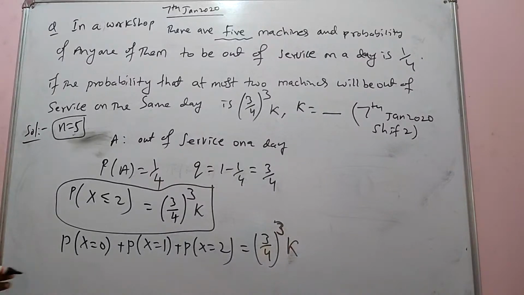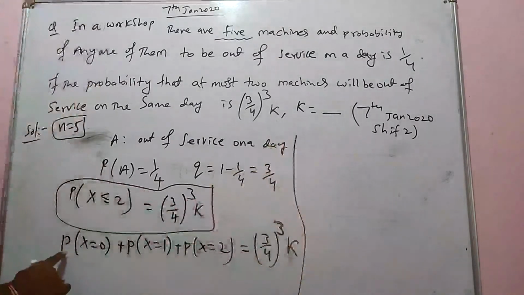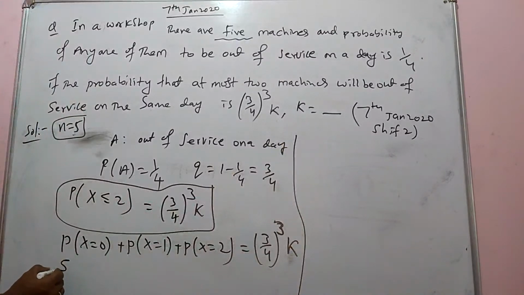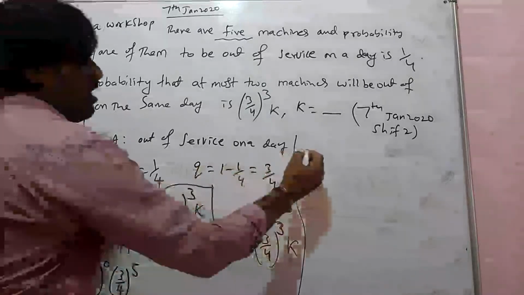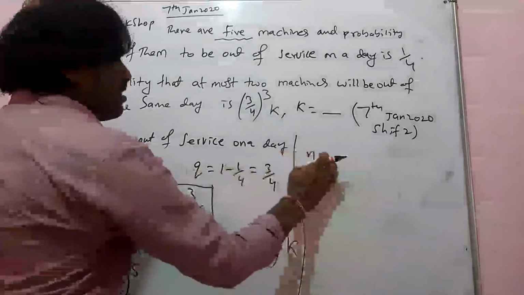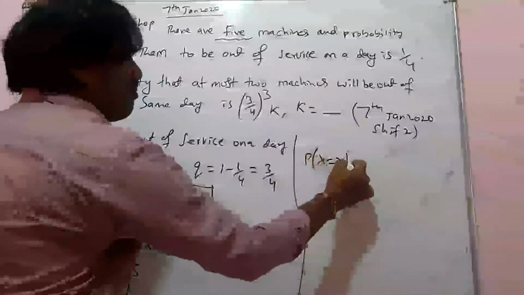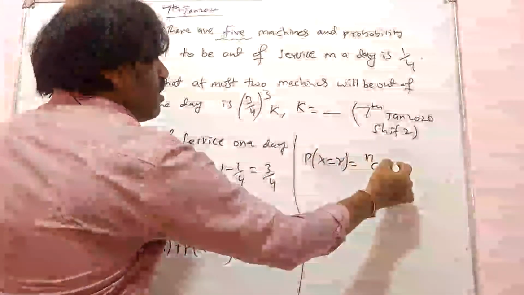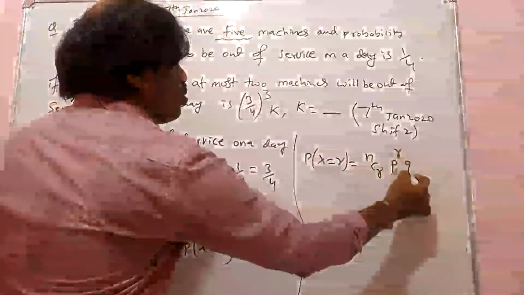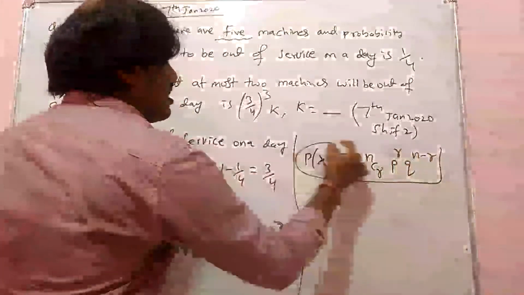Now we apply the formula. X equal to 0 we can write as 5C0, 5C0 into 1/4 to the power of 0 and 3/4 to the power of 5. You know the formula: the probability of success is NCR, P to the power of R into Q to the power of N minus R.